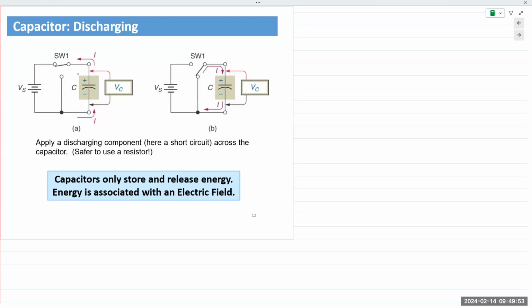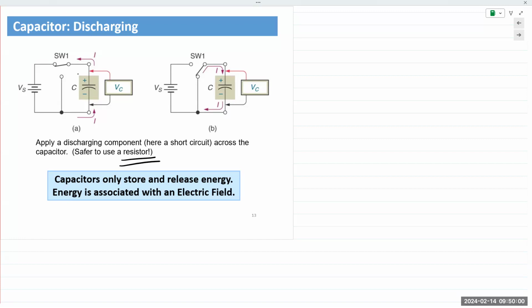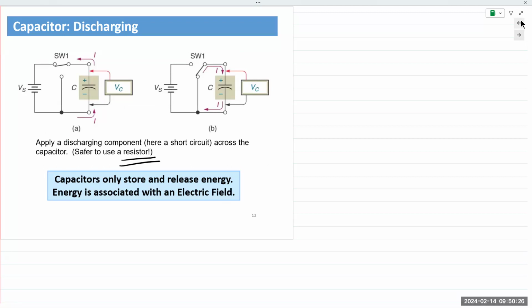So obviously, we do not want to short out a capacitor or an inductor. So capacitors, like inductors, can only store energy, receive energy and deliver it back into the circuit. They cannot generate any energy of their own. They store this energy in an electric field. Any questions before I move on to the equation?